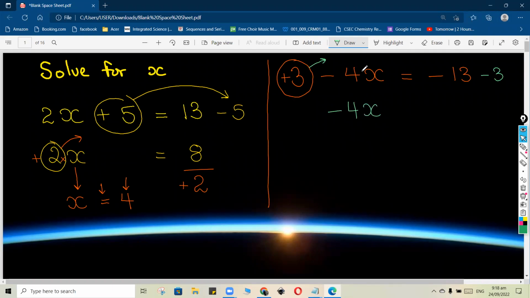-4x, because we didn't touch the -4x, and this minus sign belongs to that 4x. If you use your addition and subtraction rules, -13 minus 3 is -16. Some people put +16 here by mistake because they saw 2 negatives, and of course it's an old habit because of something you probably heard when you were in Form 1.